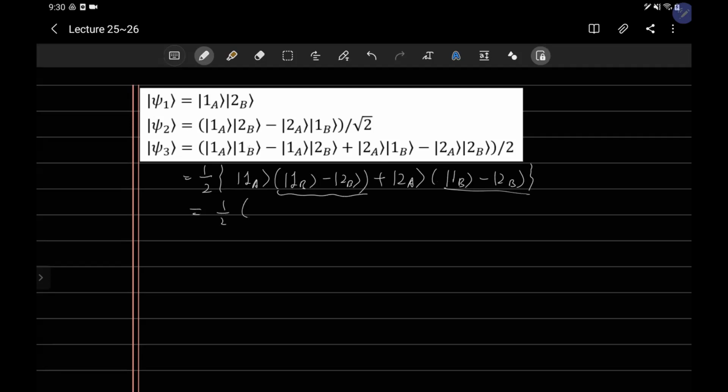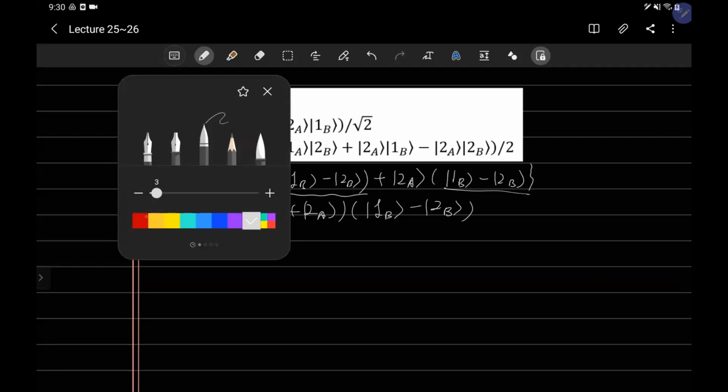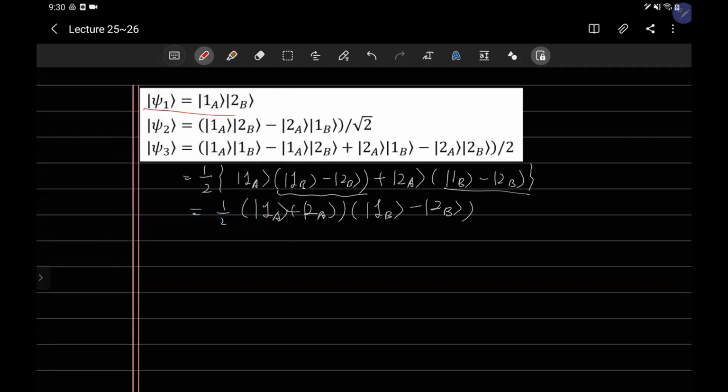So it can, again, be factored or combined in this way. So you can see that this state can be turned into the shape of this one rather than the second form.